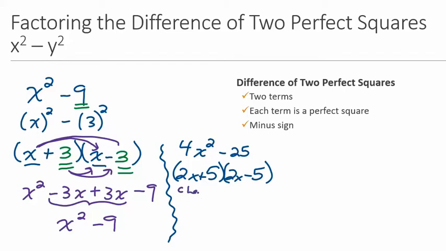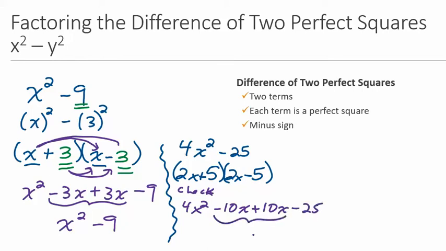Let's show you. So let's check our answer, right? This is our answer. We're done. That's it. That's how easy it is. To check the answer, you could multiply this out and see if you get 4x squared minus 25. So 2x times 2x, that's 4x squared. 2x times negative 5, that's negative 10x. 5 times 2x, that's positive 10x. 5 times negative 5, that's negative 25.